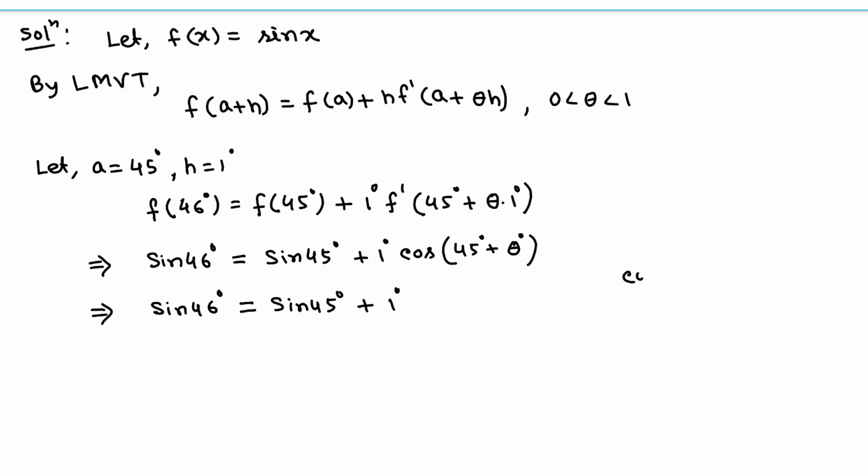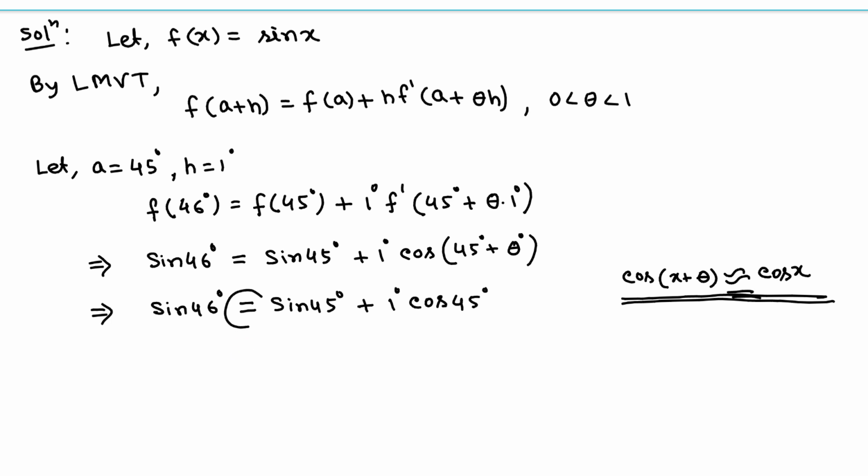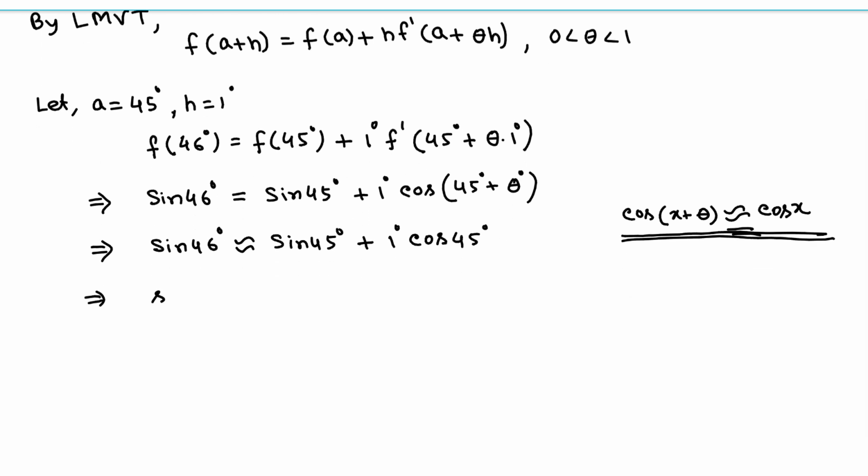You know that cos of x plus theta, when theta is very small, is nearly equal to cos x. So obviously this will be cos 45 degree, and we have to change this equality sign to nearly equals.